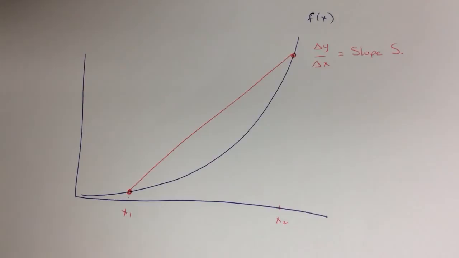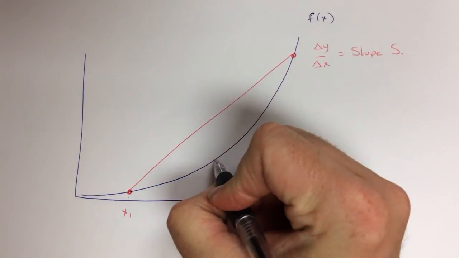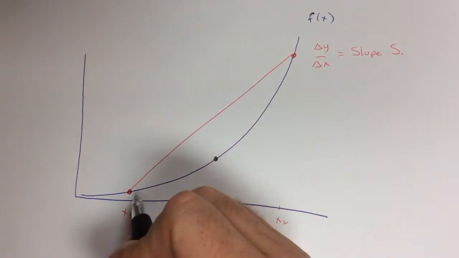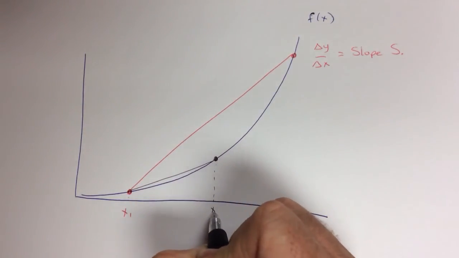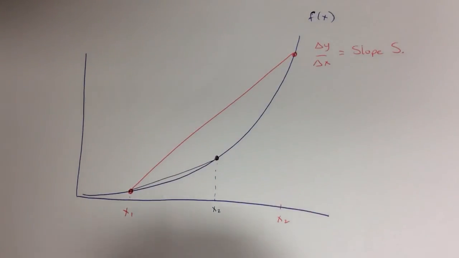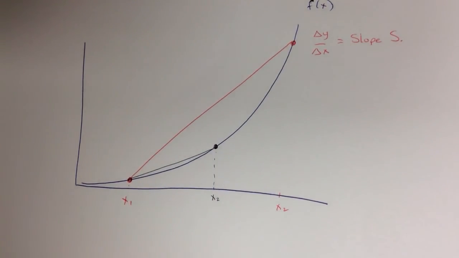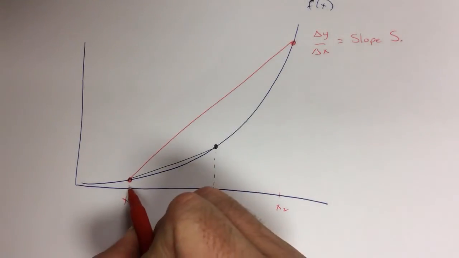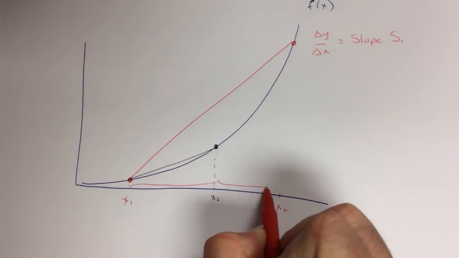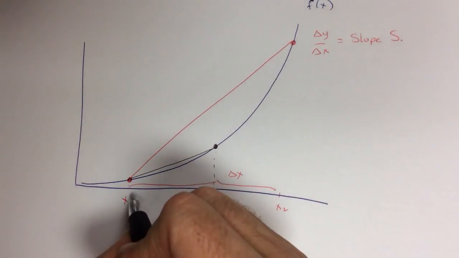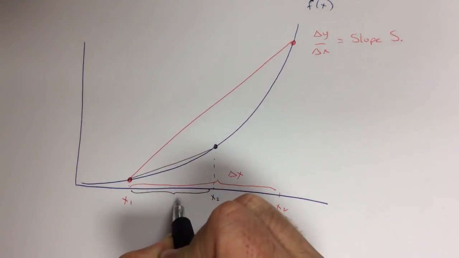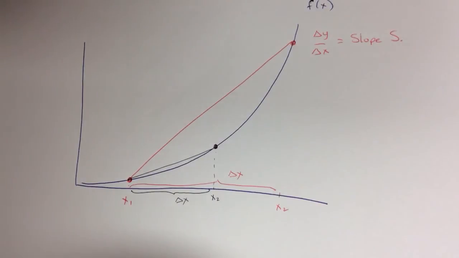Well, to start that, rather than have x2 be way out here, let's have x2 be a little bit closer. So let's have this point now be x2. And what you can notice here is that in our red line, this whole area was delta x. With our black line, now this area is delta x. Delta x is going to get smaller.